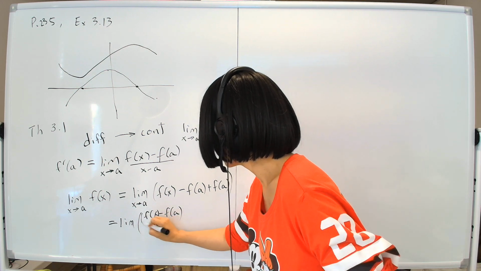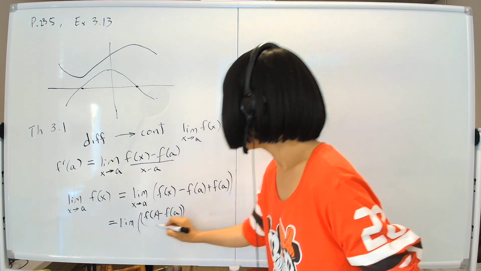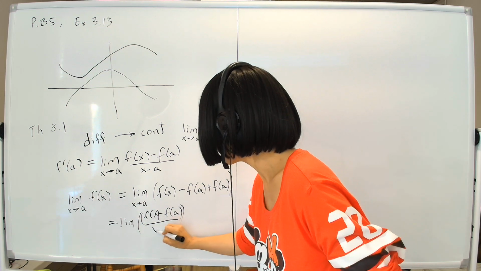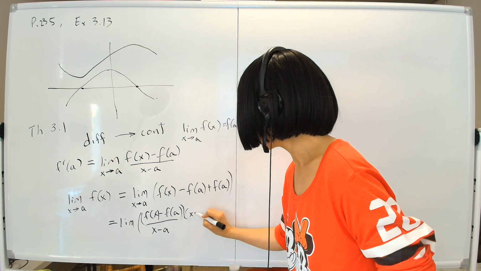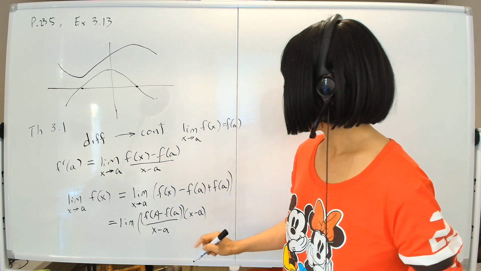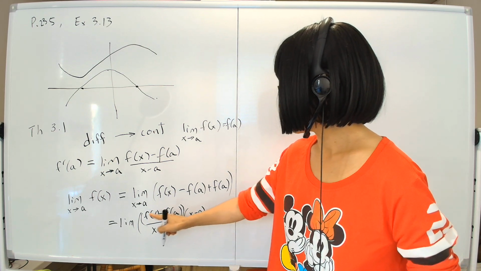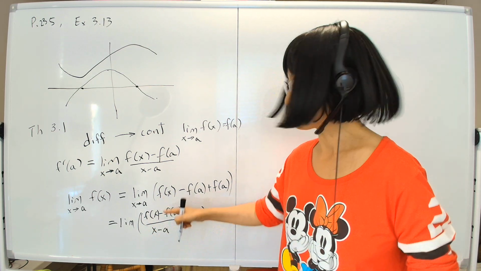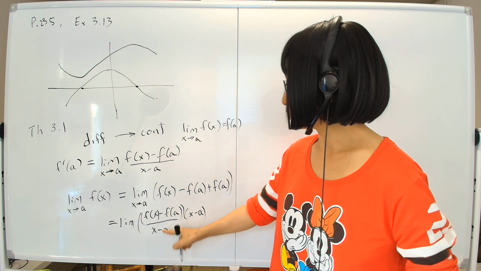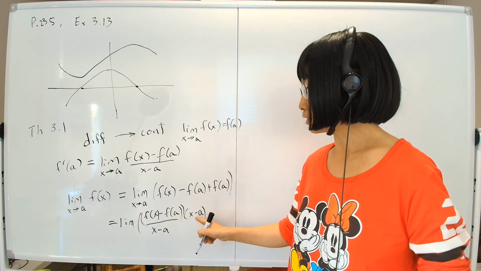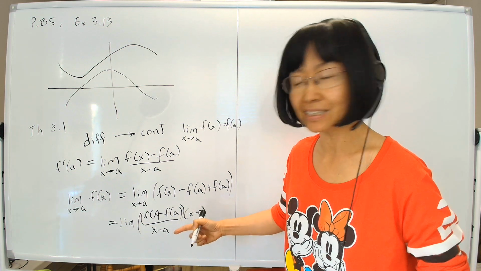Now we'll take one more step. We're going to divide it by x minus a. And to do so, you have to multiply by x minus a to be fair. Why are we doing that? This is a blatant attempt to make this thing look like that so we can use it. But to divide by x minus a, we have to multiply by the same thing so that we haven't changed anything.